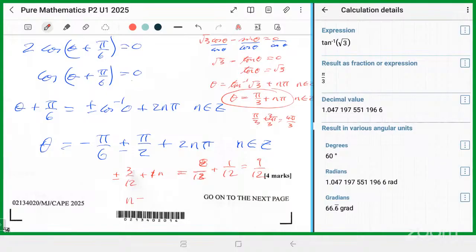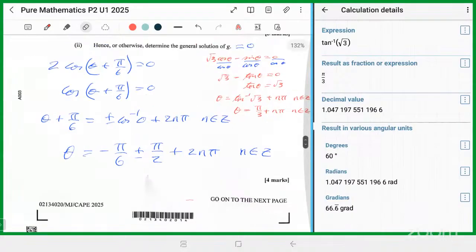So the n would be 9 over 12 plus or minus 2 over 12. So you get an integer with a plus, and it becomes 12 over 12. So you can see it works. You get an integer. So either one would be correct.